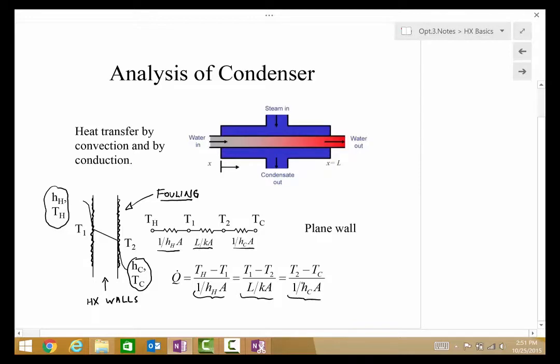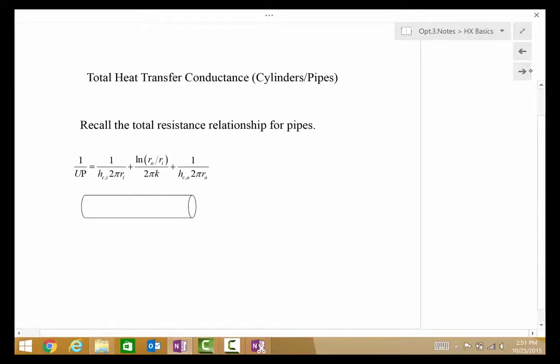So we can think about the temperature differences divided by the individual resistances as the total heat transfer rate through that. And that's useful, of course, because it tells us that we can look at a total resistance across the system and think about that in terms of the total potential drop from the cold to the hot side.